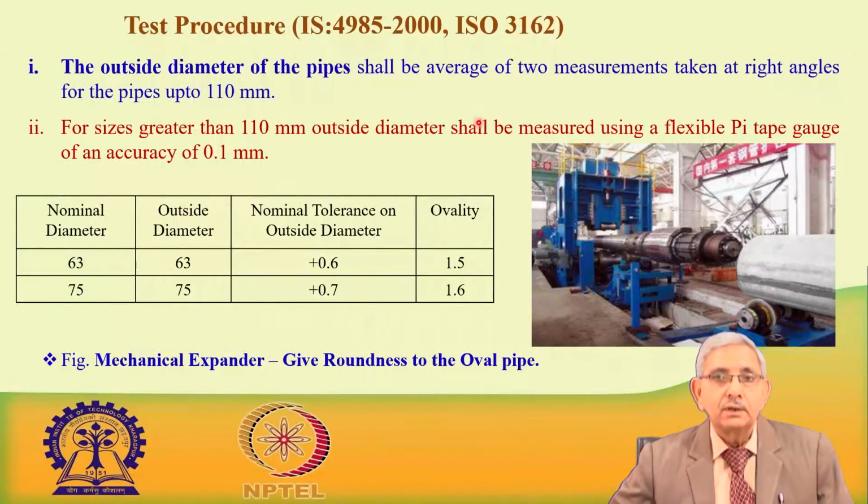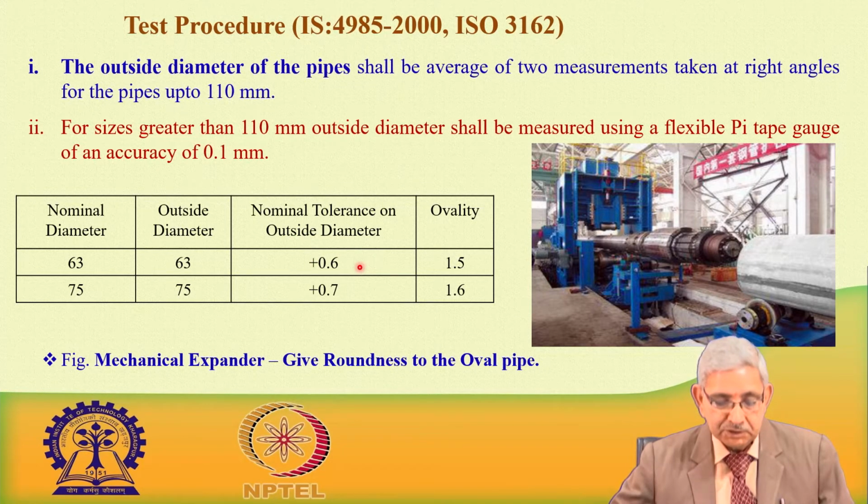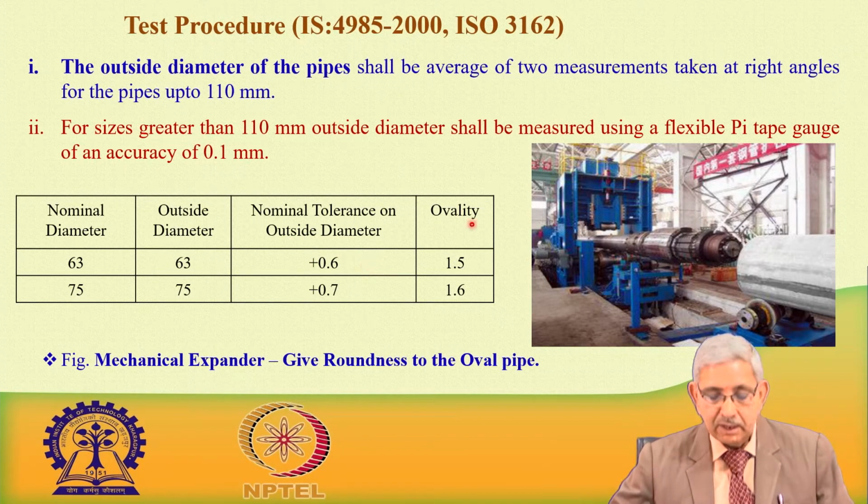The IES code as well as ISO code 3162. For the nominal diameter of 63 millimeter in size as well as outside diameter, a nominal tolerance of plus minus 0.6 millimeter is allowed, and ovality is given as 1.5.